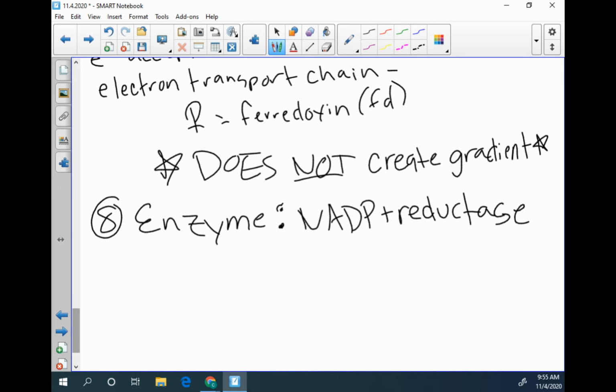Want to take a wild guess as to what that does? It reduces NADP plus.